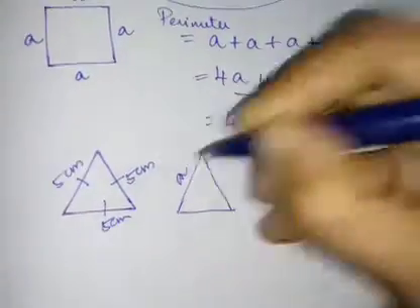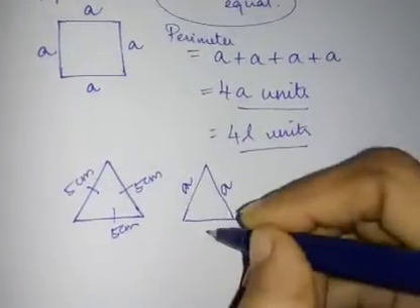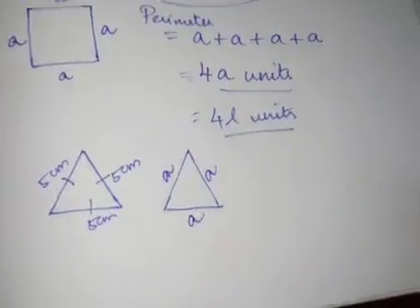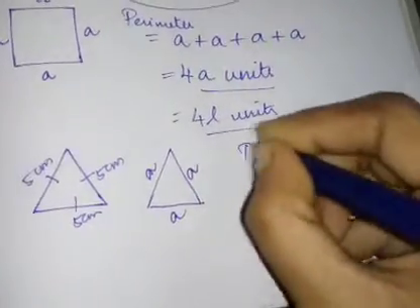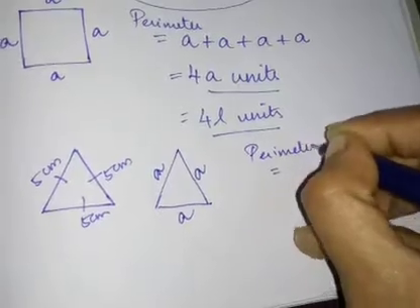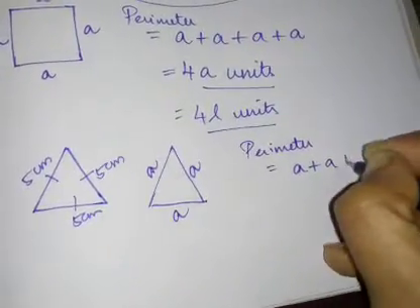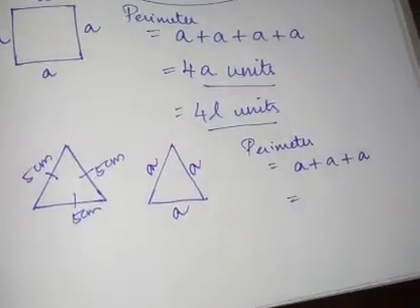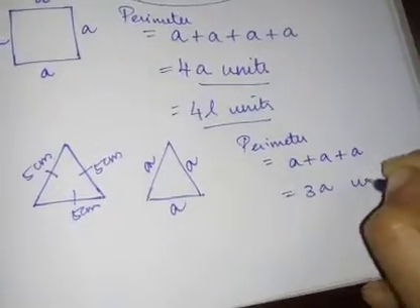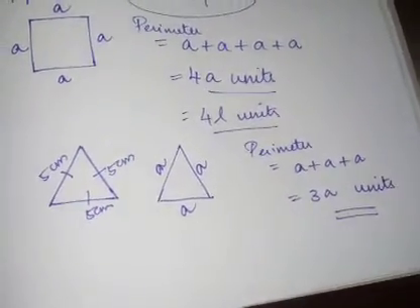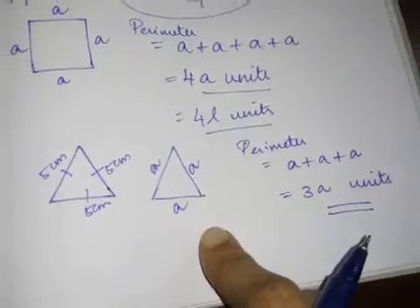If this is A, this will also be A centimeter, this is also A centimeter. So what will be its perimeter? A plus A plus A. How many A are added? 3A units is the perimeter of this equilateral triangle.